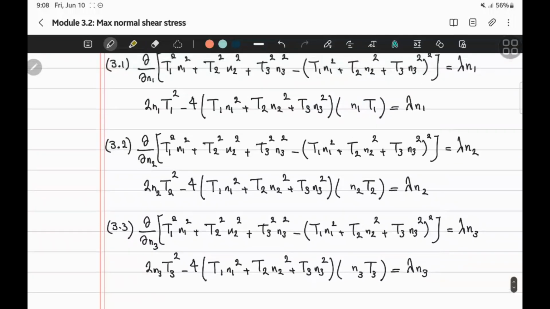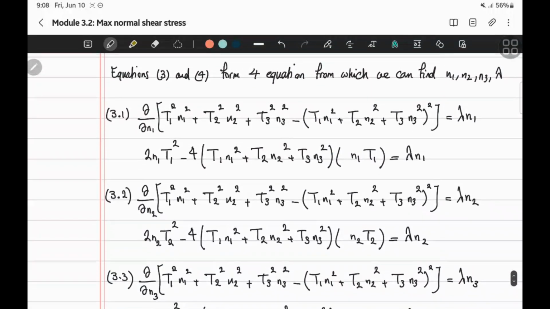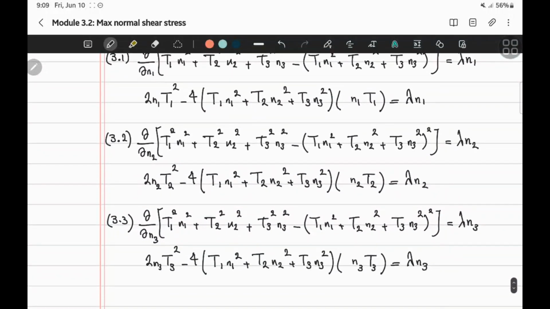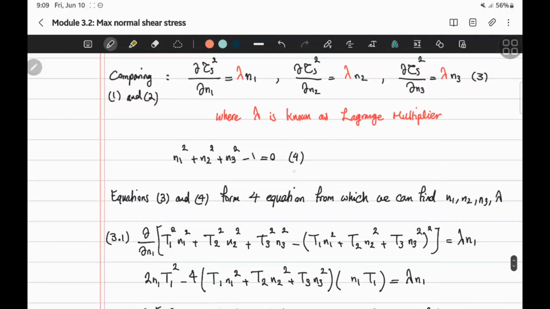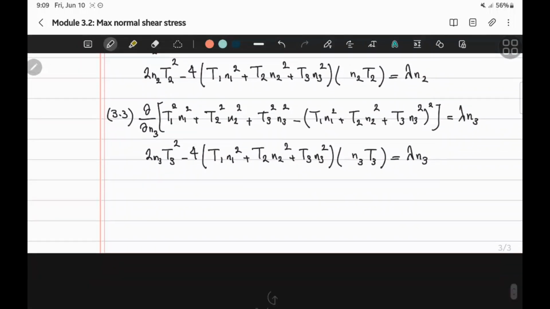So now we have 3 equations in here, and then we also have the 4th equation in here.